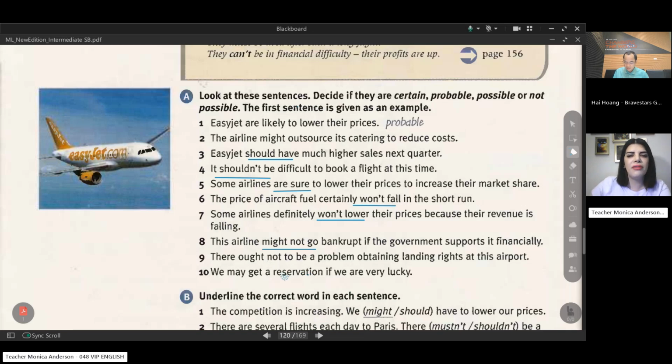Possibility, of course. 9, ought not to. Probability, of course, because it's should not or ought not to.